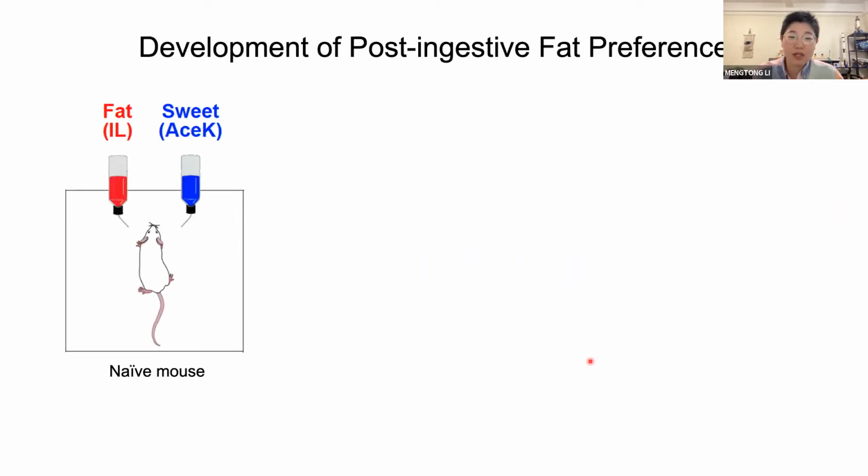To explore the development of post-ingestive fat preference, a naive mouse is given two choices between the fat and artificial sweetener. We know that artificial sweetener does not trigger post-oral preference because it doesn't activate the gut-brain axis, so that enables us to monitor the emergence of the fat preference.